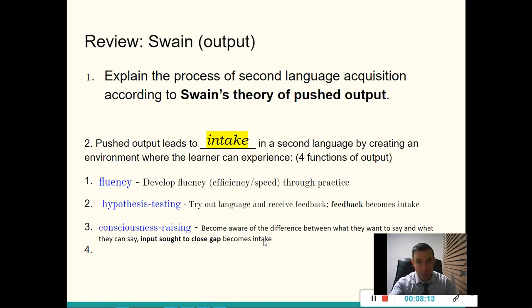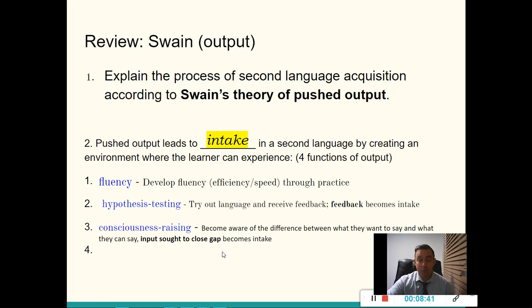You realize the difference between what you can say and what you want to say. And so you might ask a question, or you might seek that feedback in other ways, rising intonation, looking helpless, whatever it is. And then when you get that input from the other person, that input becomes that linguistic knowledge that goes in as intake.